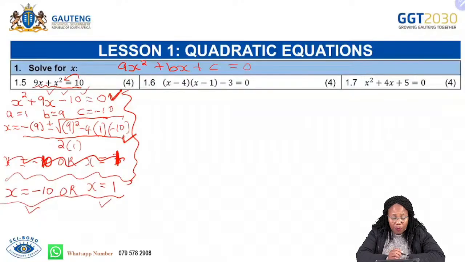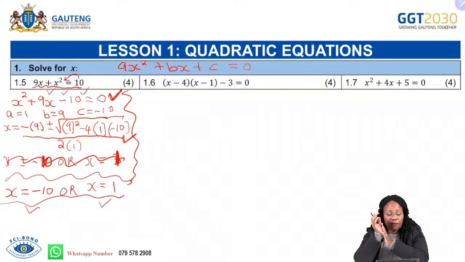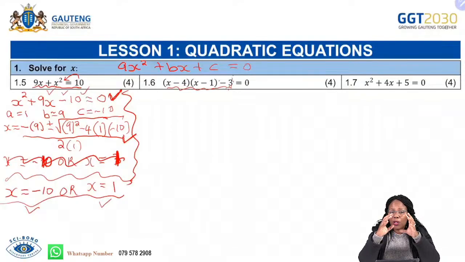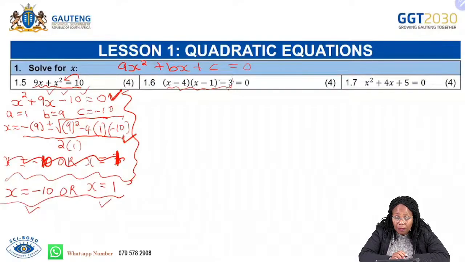And then with 1.6 now, remember, yes, you have a 0 on the right hand side, but we cannot say this affects us because there's a 3 there that is disturbing us. So now this 3 is causing us to multiply out the bracket. That is only when you can multiply the bracket.